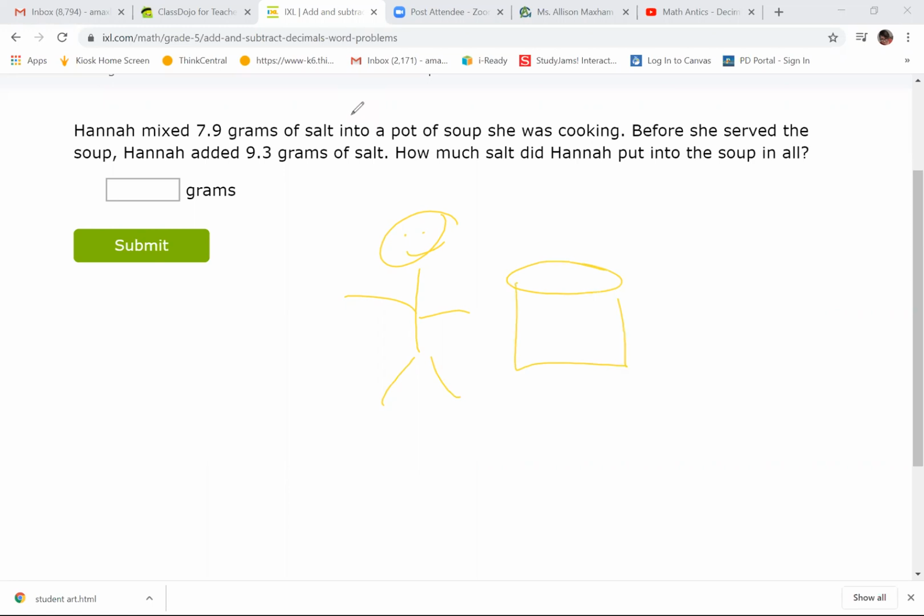Now, you don't have to draw this picture, but this is what needs to be in your imagination. So she poured in, or she shook in, here, look, this is my salt shaker. And she's shaking in 7 9/10 grams of salt into the pot of soup. But before she served the soup, what did she do? What did she do before she served the soup? Read the story.